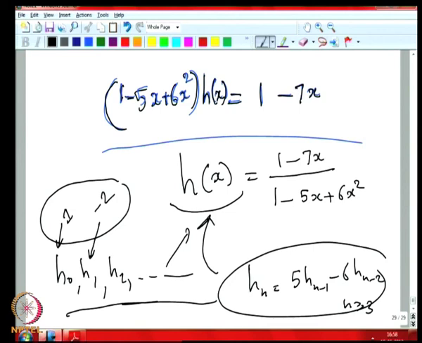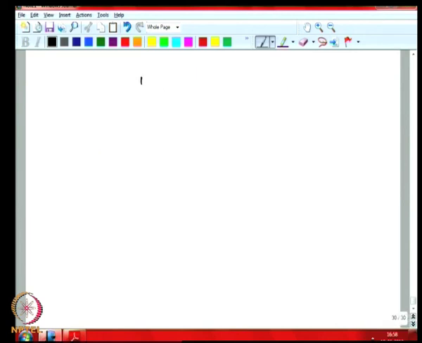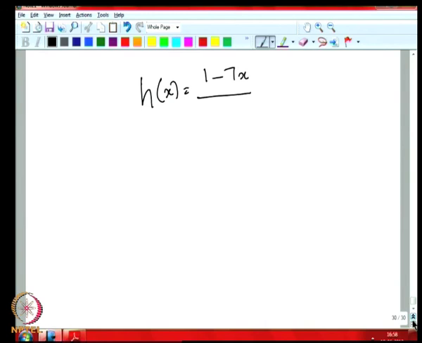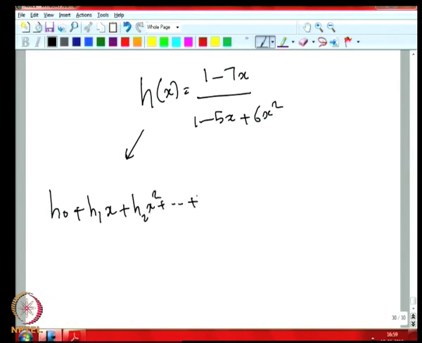Now, we just have to get the coefficient of x raised to n from this thing, that will be hn, because this generating function h of x can also be written as h0 plus h1x plus h2x square plus and so on, hn x raised to n and so on.